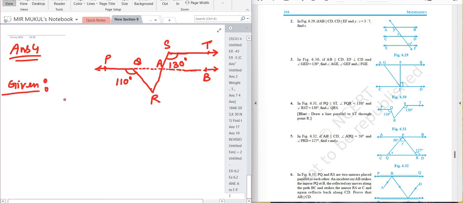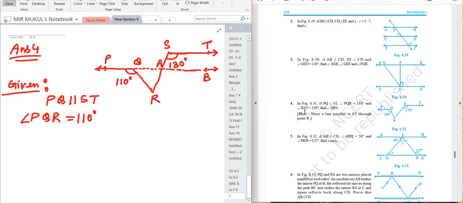Now given is PQ parallel to ST, and angle PQR is 110, angle RST is 130 degrees.